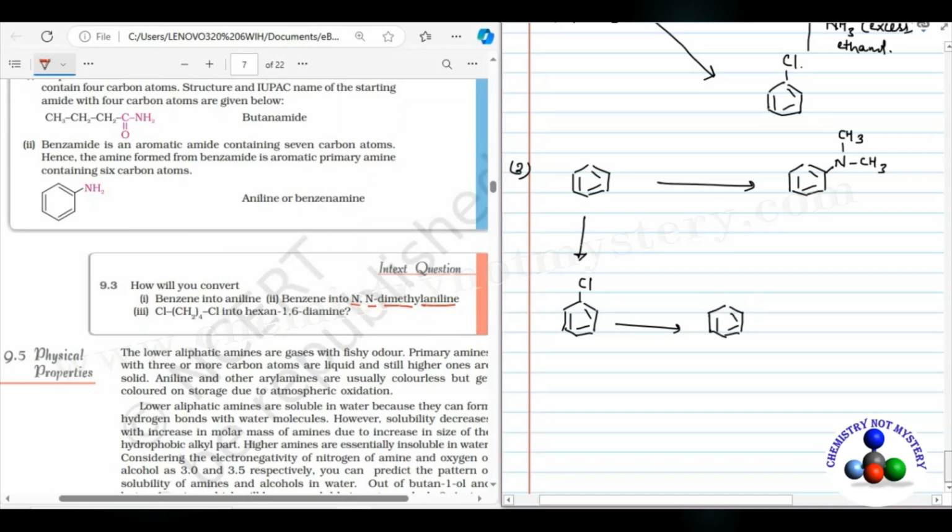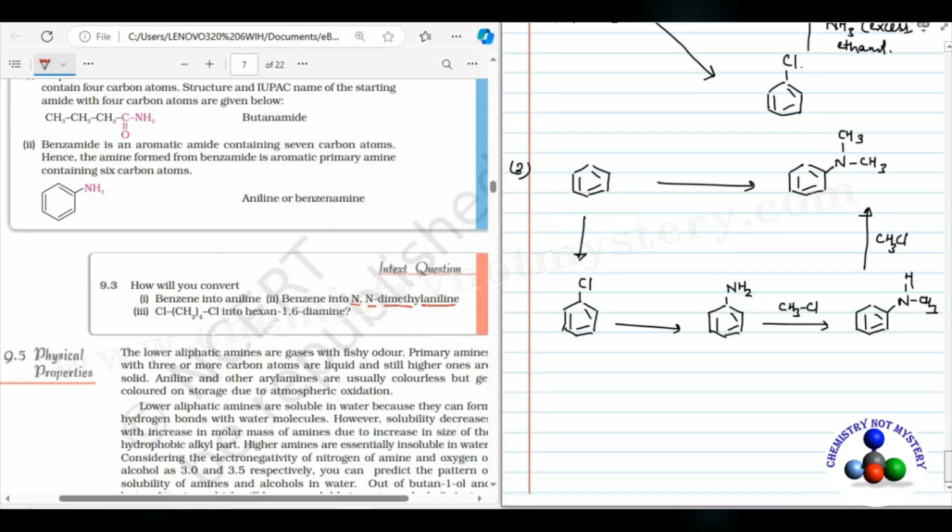Here this is the structure of aniline, NH2, and when aniline reacts with CH3Cl, you can get N-methyl aniline. Here N, H and CH3. When it further reacts with another molecule of chloromethane, you can get N,N-dimethyl aniline.